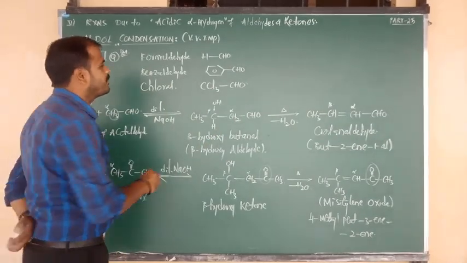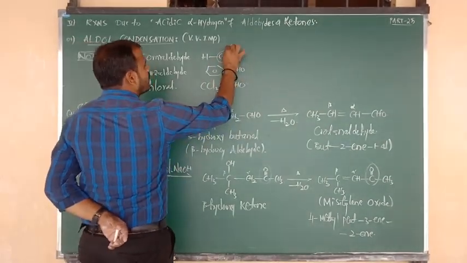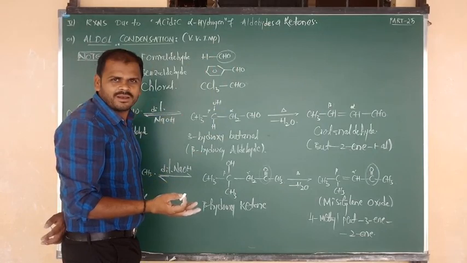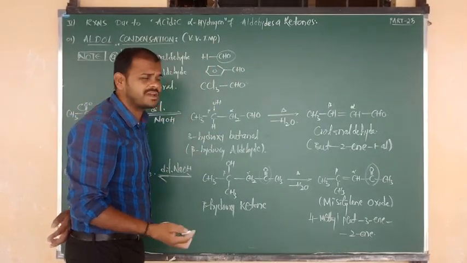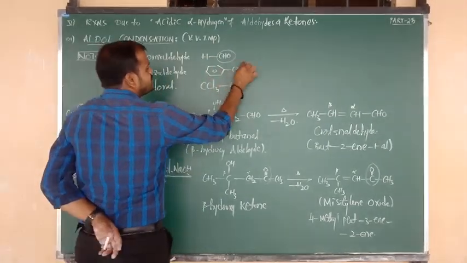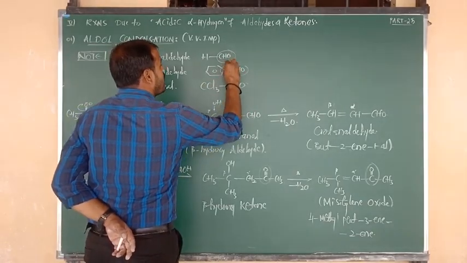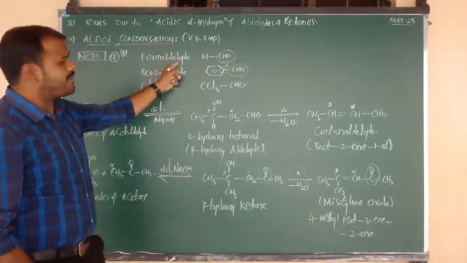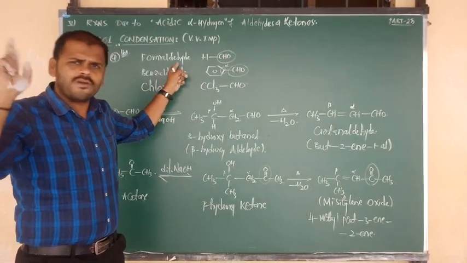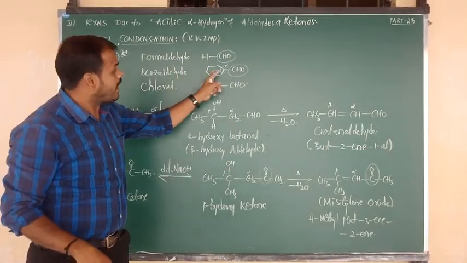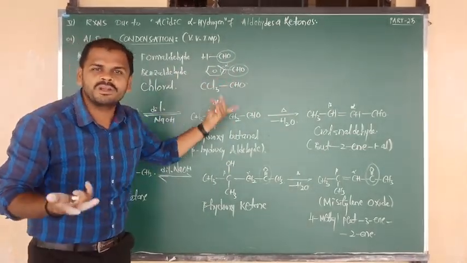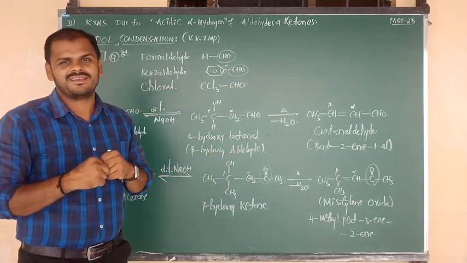Now listen carefully. This is the functional group. No adjacent alpha carbon, means no adjacent alpha hydrogen. Next, this is the functional group. Adjacent carbon is alpha. In formaldehyde, no alpha hydrogen, no alpha carbon. But in benzaldehyde, alpha carbon is there, but that does not contain alpha hydrogen.